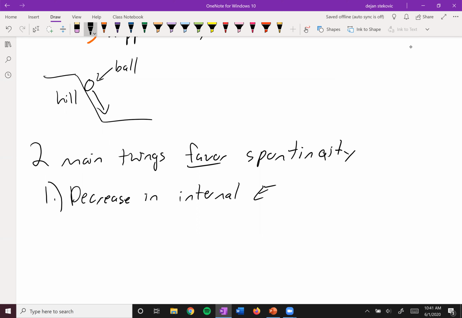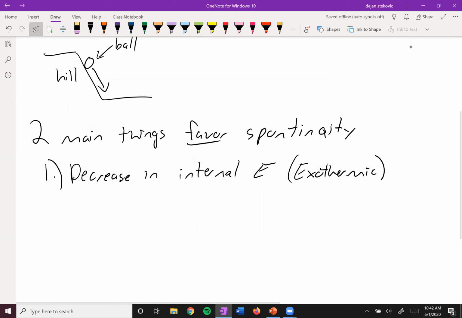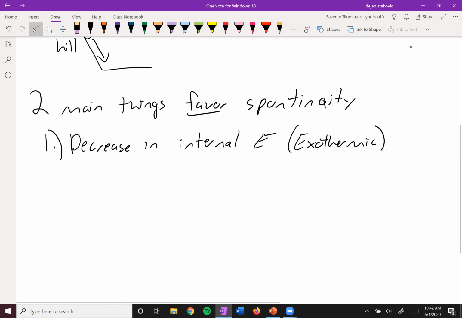So if we have a decrease in internal energy, that means we're releasing energy, and so that means we have an exothermic process. Exothermic processes are more likely to be spontaneous than endothermic processes.